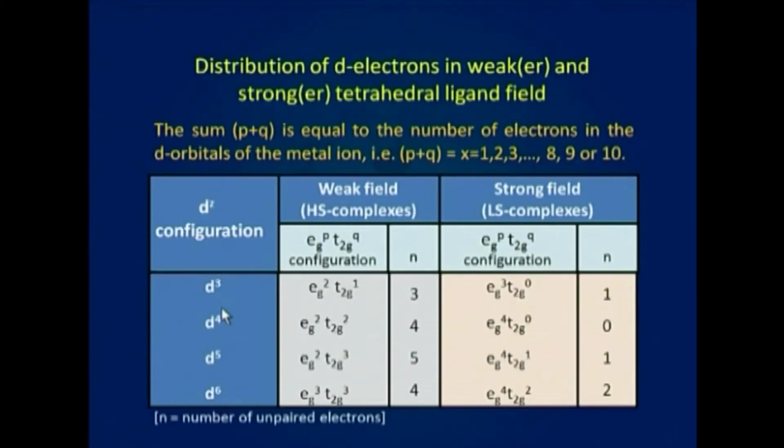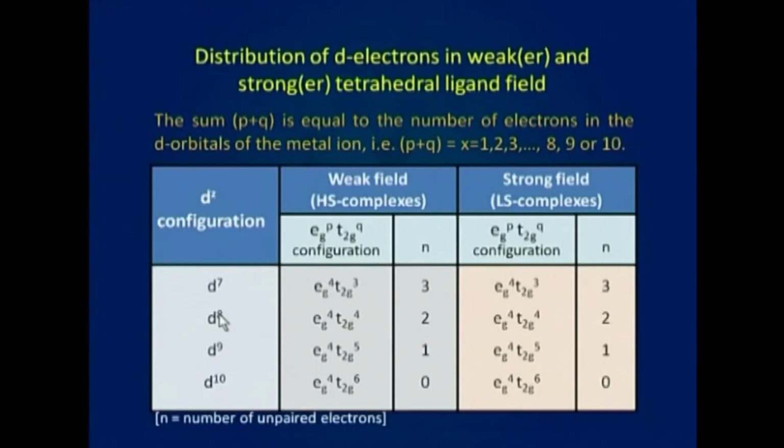But in case of d3, d4, d5 and d6, the number of unpaired electrons for high spin complexes and low spin complexes is not the same. For example, for the d4 system, for high spin complexes, the electronic configuration will be eg2, t2g2 with 4 unpaired electrons, and for d4 low spin complexes, the electronic configuration will be eg4, t2g0 with 0 unpaired electrons.